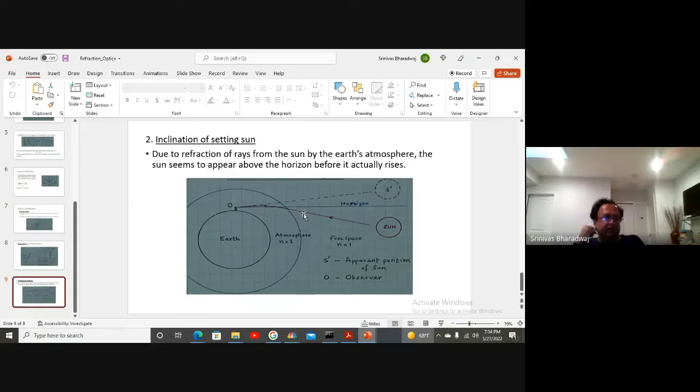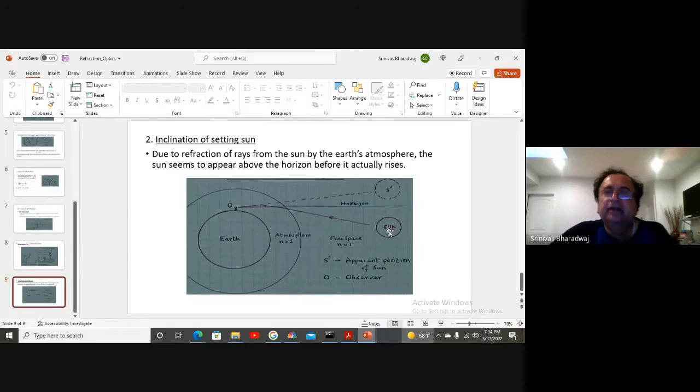Arjuna was losing. Then suddenly Krishna uses his hand and does this before the sun sets. That's not what is happening here. Here the person is seeing the sun as though it is here. To him the sun is at S prime, but actually it has already set.